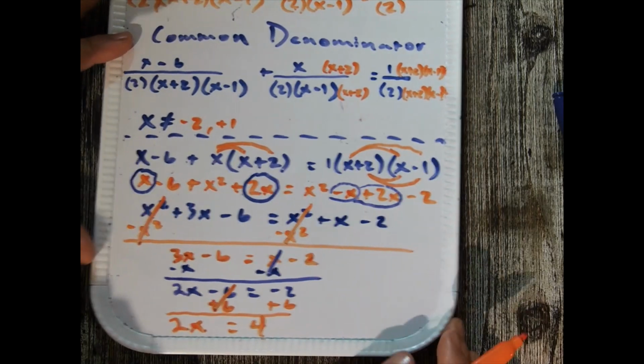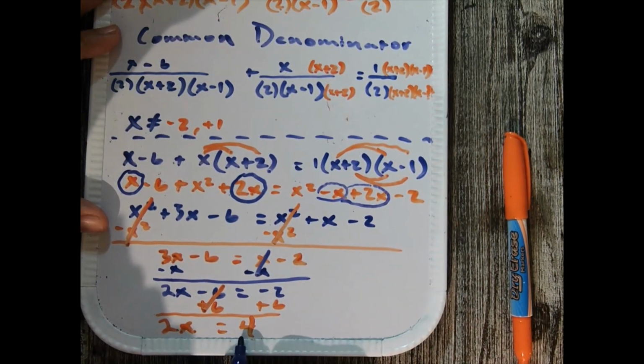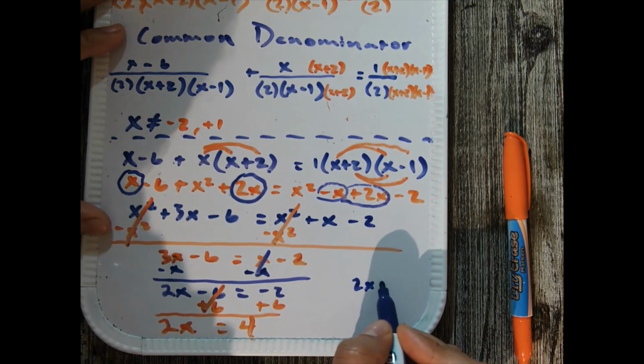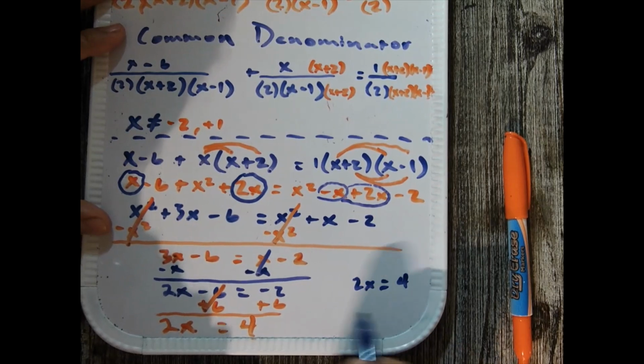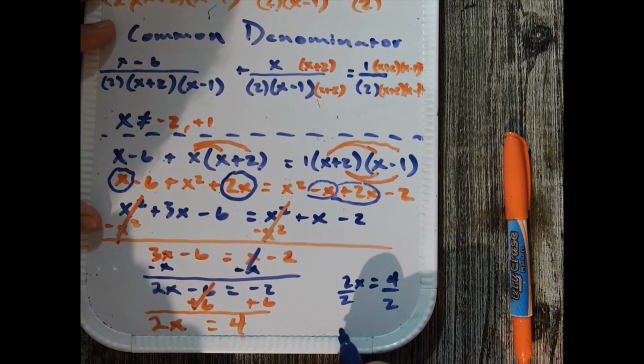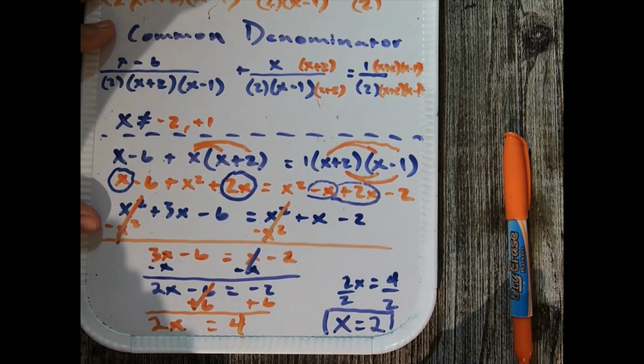And I've got one last step to do. So again, I have 2x equals 4. Last thing we have to do is divide by 2. Divide by 2. So x is equal to positive 2.